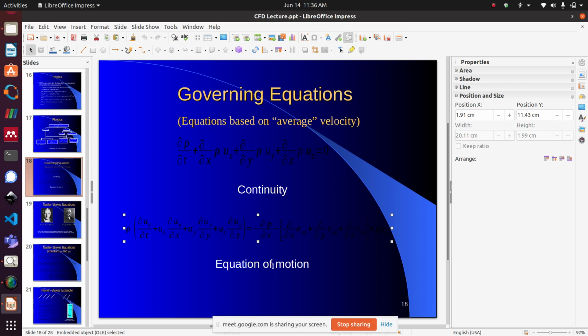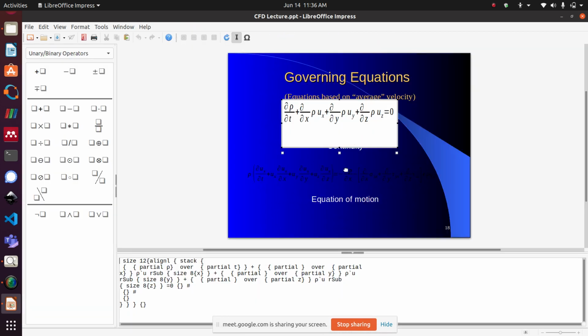The Navier-Stokes equation has different forms. You can have a continuity equation and a momentum equation. You probably remember this.